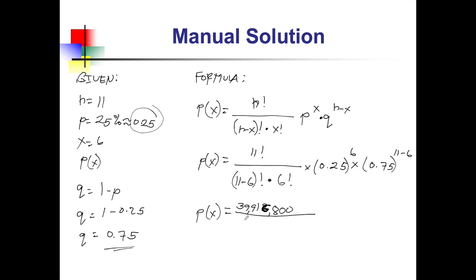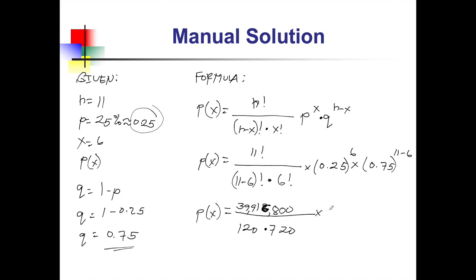All over 11 minus 6, this basically means that this is 5. So, 5 factorial is 120. Multiplied by 6 factorial, which is equivalent to 720. Then, we multiply this.